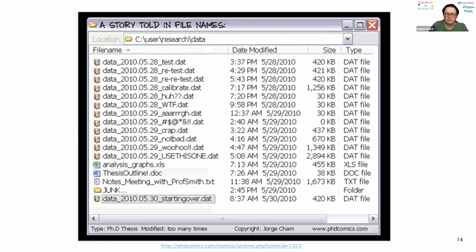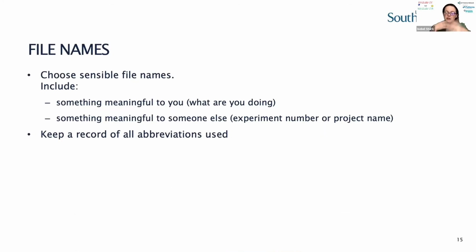But generally, if you're creating the files yourself, it's a good idea to have something that is human readable as well, and preferably a bit more meaningful and semantically rich than the example from PhD Comics in front of you. So it should be something that's meaningful to you, but also hopefully meaningful to other people around you. So be that your colleagues, your manager, your underlings, so if somebody else were to look at it, they'd have a vague idea of what you're using.